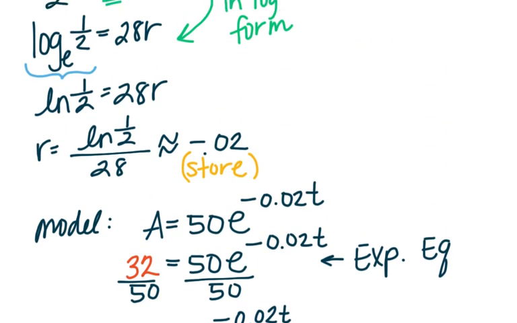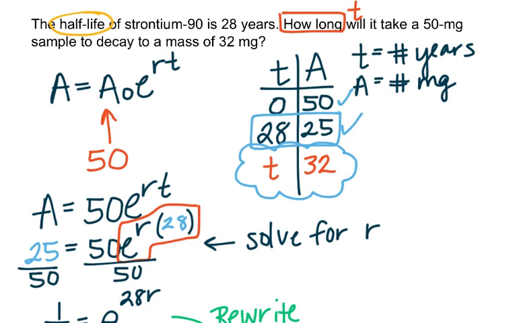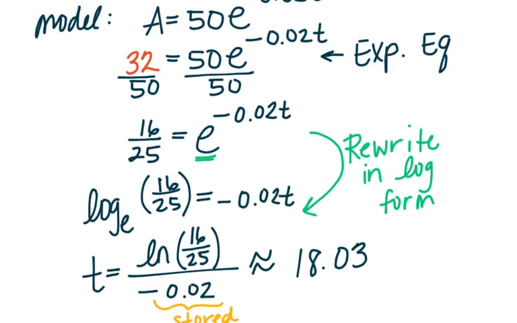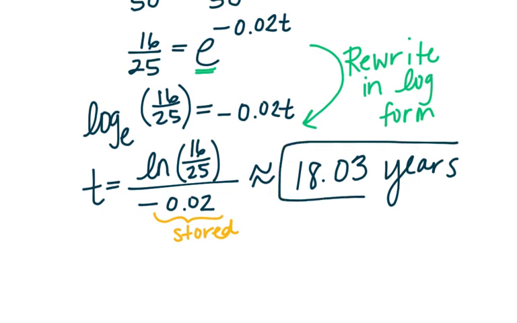So going all the way back to the beginning, how did we define t? It looks like up here we see that t was time measured in years. So it appears that our answer is approximately 18.03 years. And I always like to stop at the very end of the problem to see if my answer is feasible.